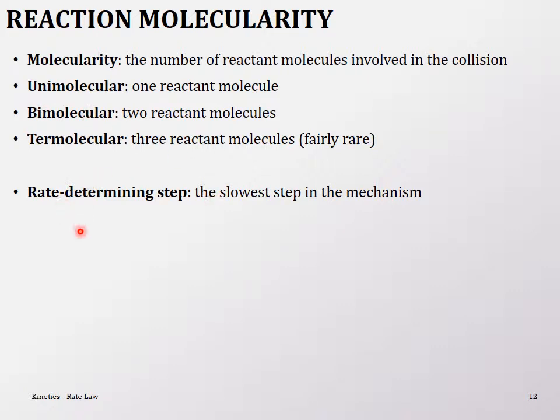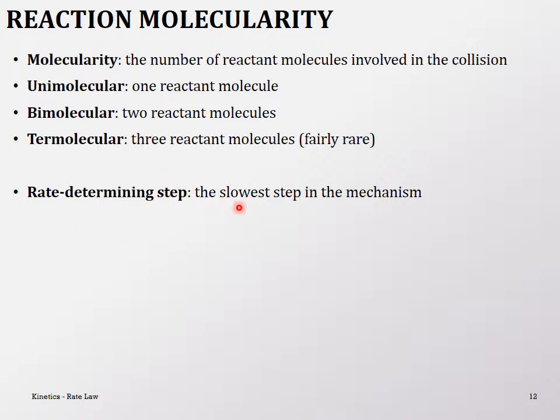And then we have something called the rate determining step, and that is the slowest step in the mechanism. Something would be the slowest step because maybe some bond is breaking, and sometimes breaking of bonds takes a lot of energy and takes some time. So the slow step is the rate determining step. When we talked about the initial rate of reaction, that is determined by the rate determining step.